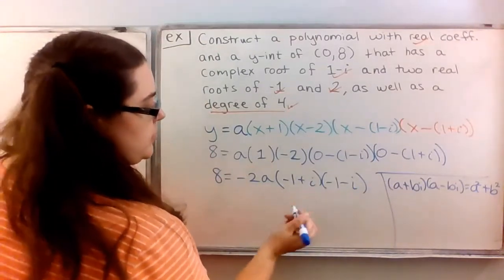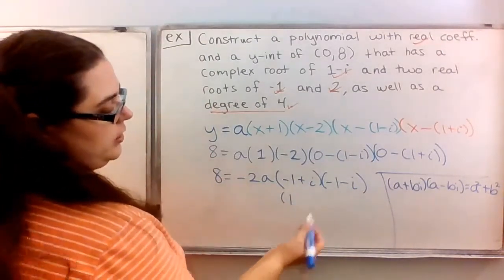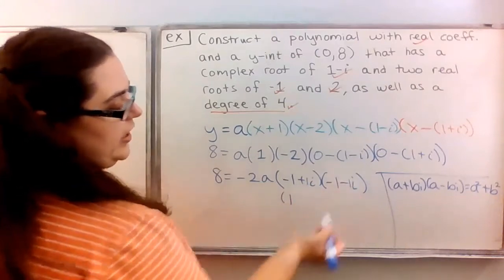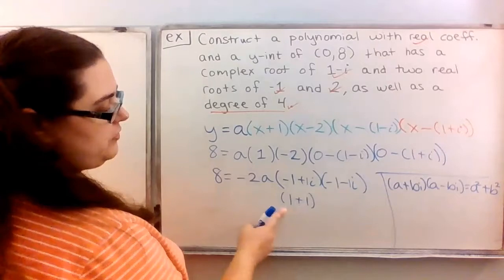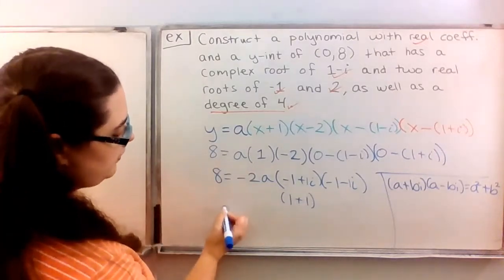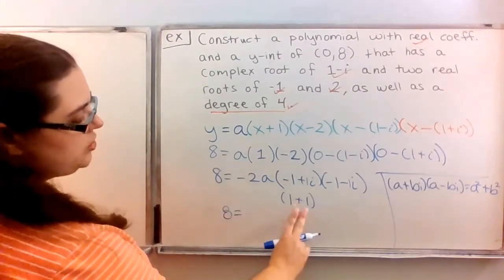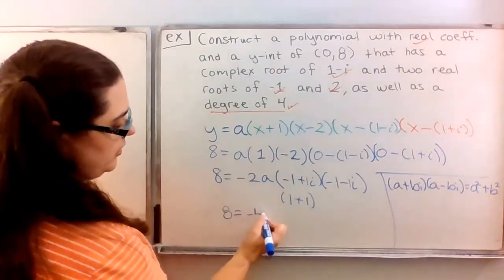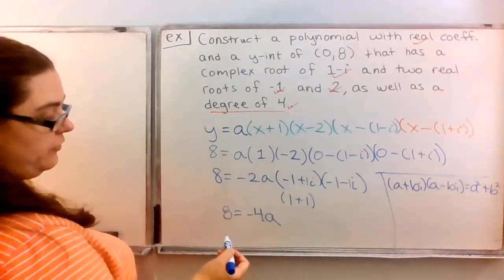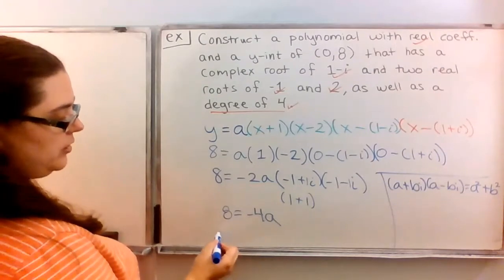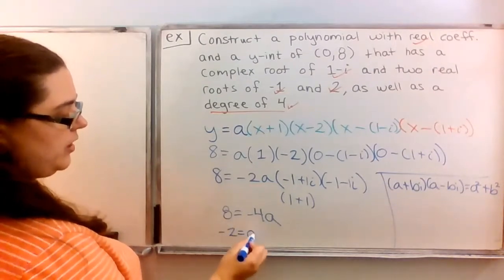So -1 squared is 1, and my coefficient of i is 1. So that's going to be 1. So that actually just gives me 2. So this is going to give me 8 equals 2 times -2, which is -4a. So I can divide both sides by -4, and that's going to give me -2 equals a.